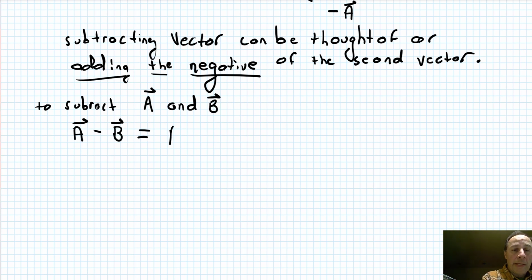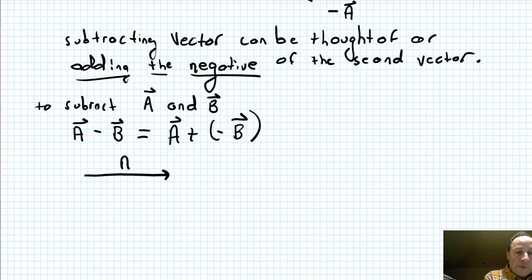So we change that to A plus minus B. Okay, so if we go back to our vectors that we started in the first place, A, B, and minus B.